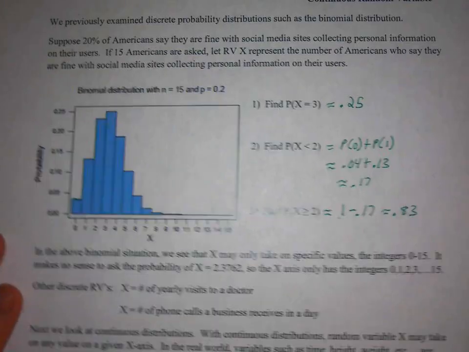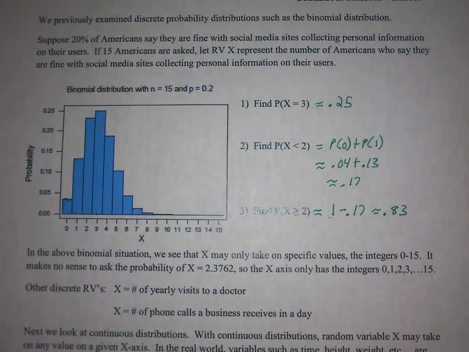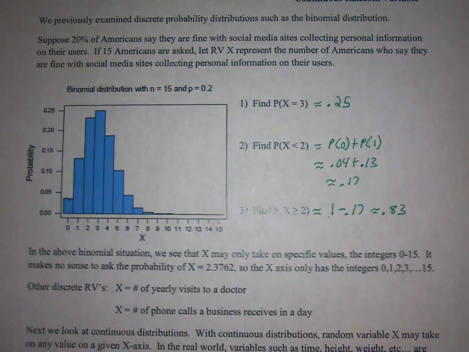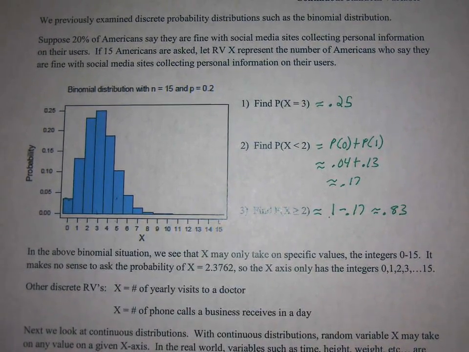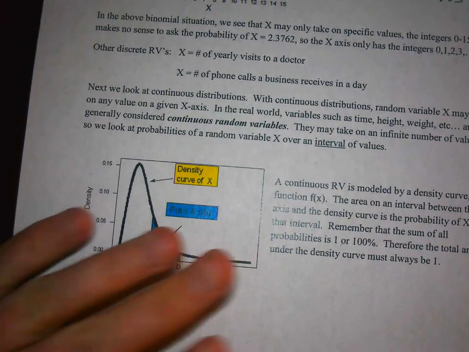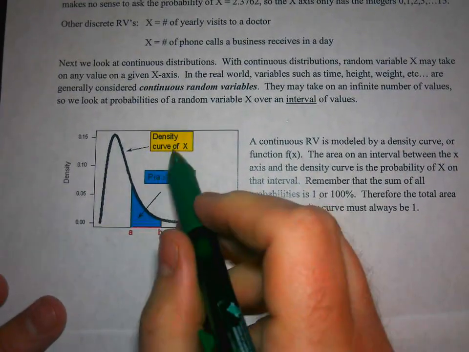If you were to take our discrete random variable and add up each of these probabilities, they should add up to 100%, which is represented by 1. So that concept is consistent between discrete and continuous random variables: the probabilities always have to add up to 1 or 100%. On the diagram here, we have a density curve of x.